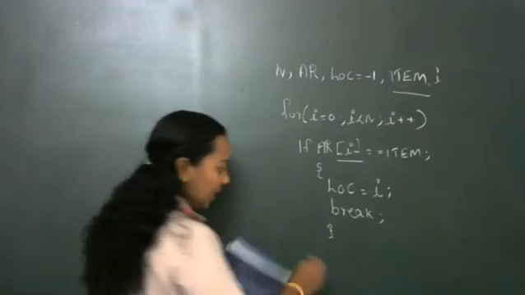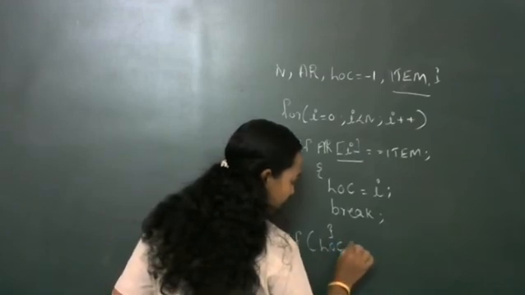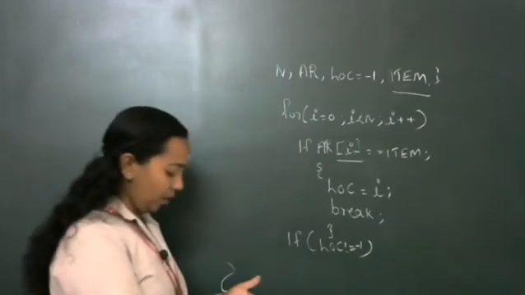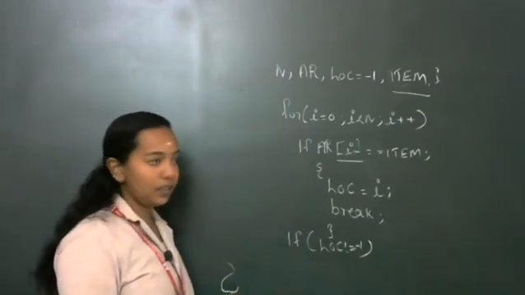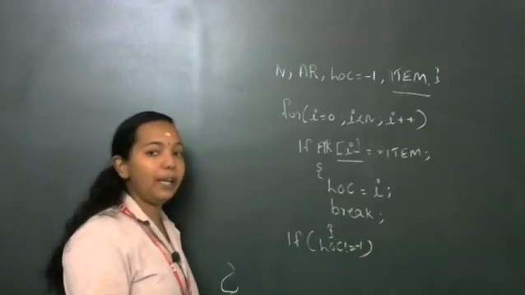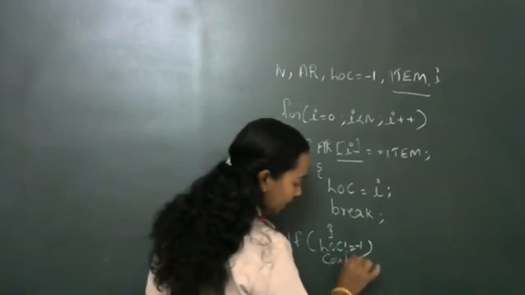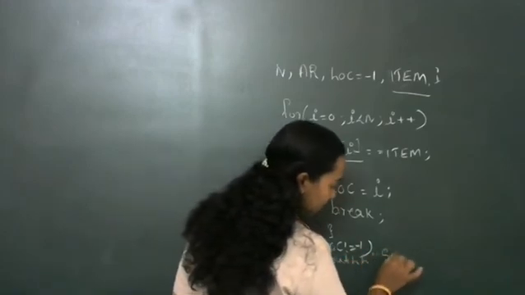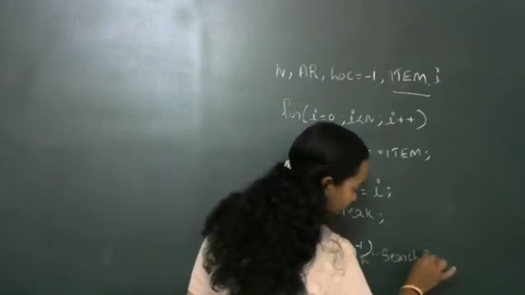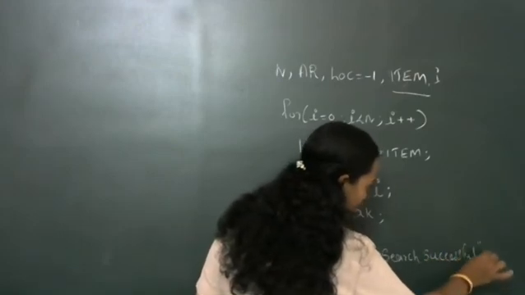Then we check whether LOC is not equal to -1. If LOC is not equal to -1, that means it is greater than -1, then we can print with cout: search successful.